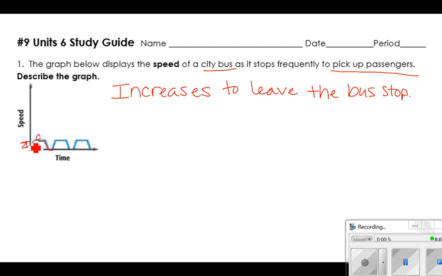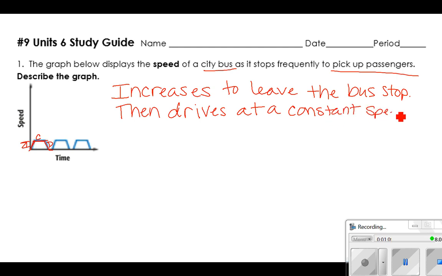Let's see, this is I, that's C for constant. Drives at a constant speed. And then it starts to decrease. And what might it be doing is it's going to come to a bus stop and pick up more passengers.